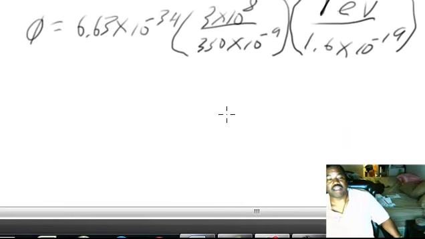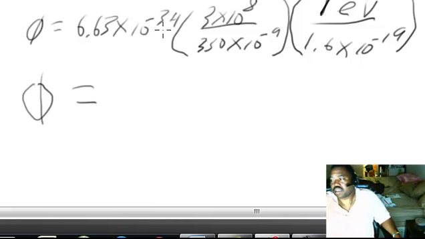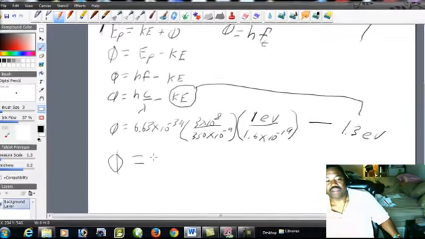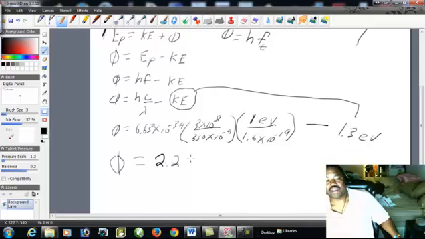After you do all those calculations, throw it in the calculator. I get 2.25 eVs. Okay, so that's problem number 1.